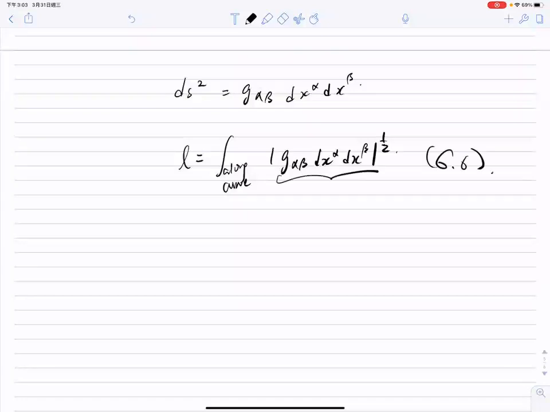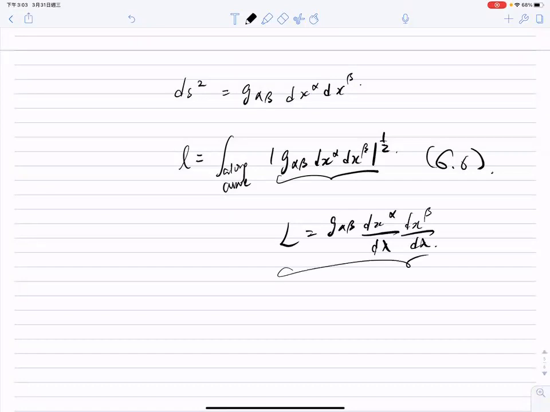And this guy, what is the Lagrangian I give you? It would be the Lagrangian with derivatives with respect to the infinitesimal dx alpha and dx beta, so it must be invariant.